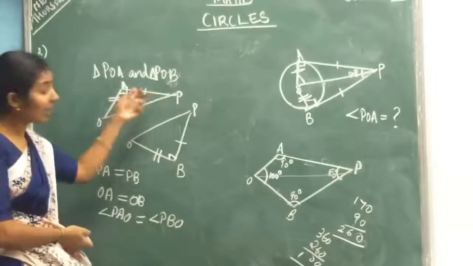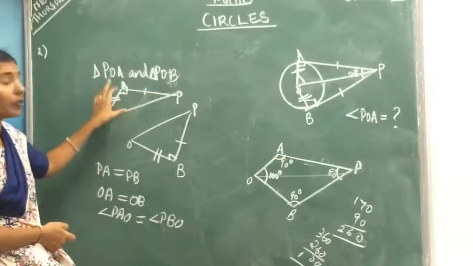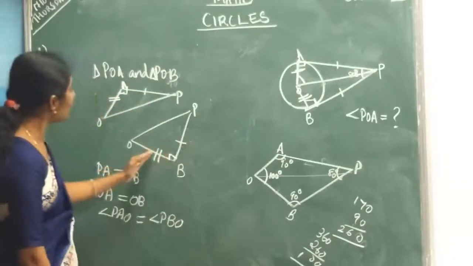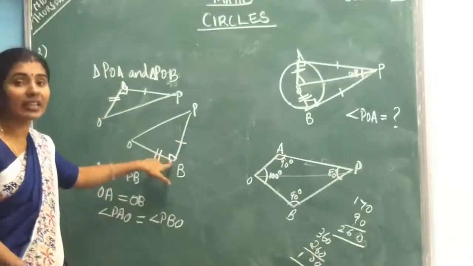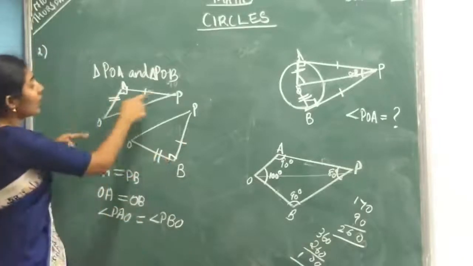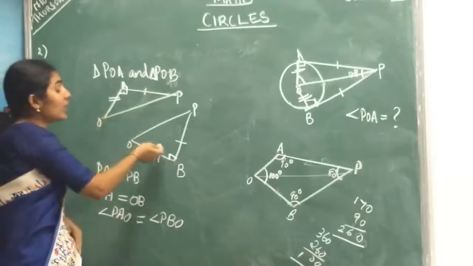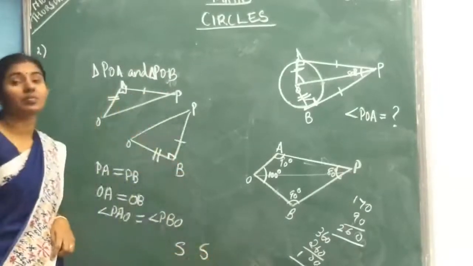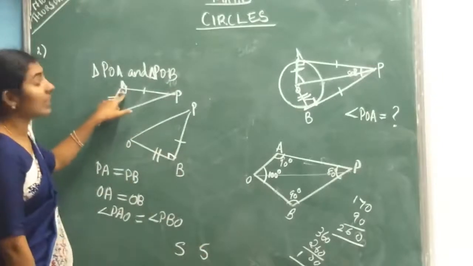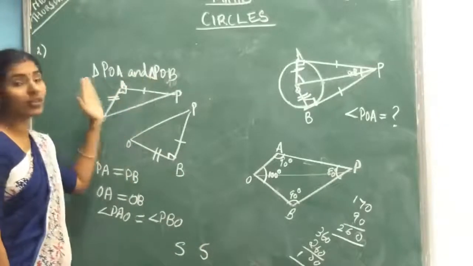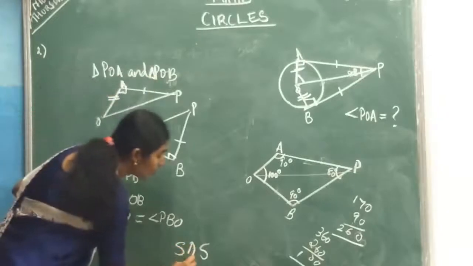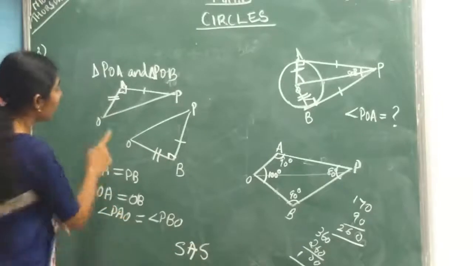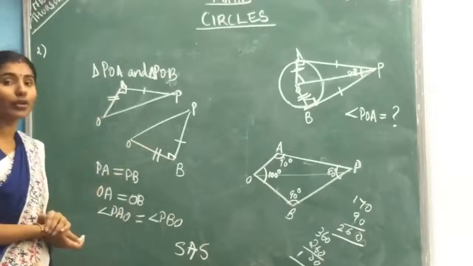Two sides and the included angle of the first triangle are equal to two sides and the included angle of the second triangle. Isn't it? And this angle is included between these two sides. So, by SAS rule, what can you say? These two triangles are congruent.